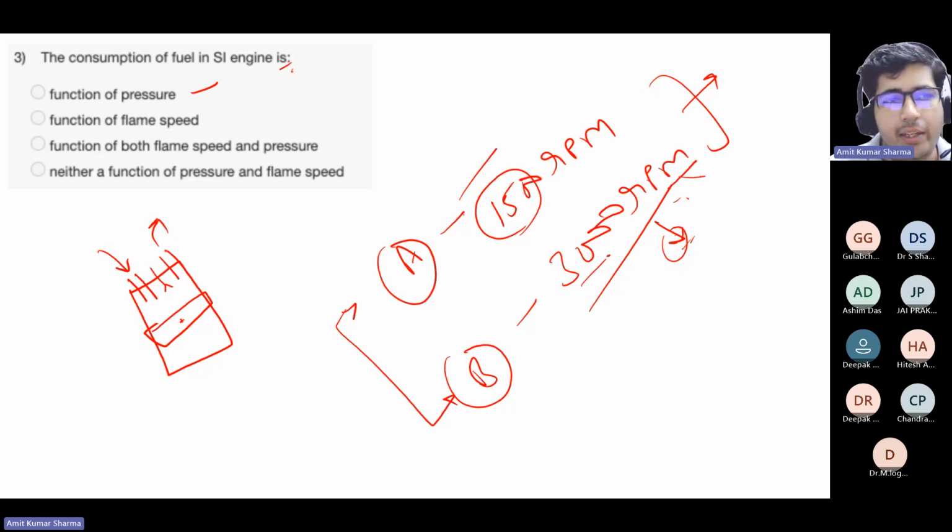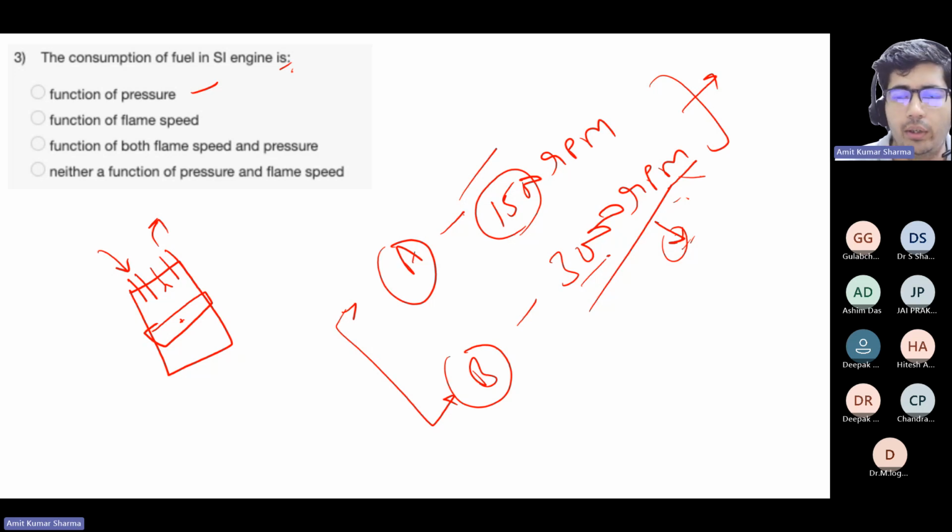So definitely it is not a function of pressure, because if you have an engine from a maker that is working at a fixed setting, like an SI engine, when we practically use that engine, we don't tweak the compression ratio, we don't tweak anything else, we just put in the petrol and produce the power.